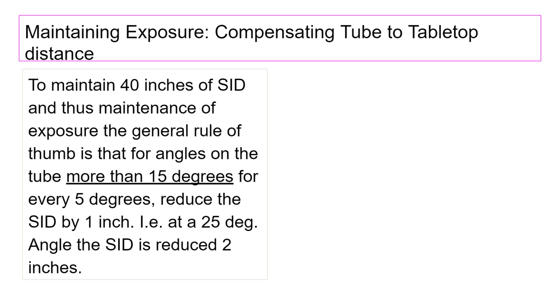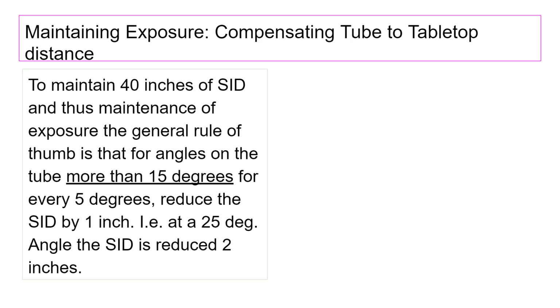So to try to keep our magnification the same and our exposure the same, because we know SID has an effect on exposure, we try to maintain 40 inches at all times. This is a rule that will help you on an exam, but in reality, you don't have to think of this rule.